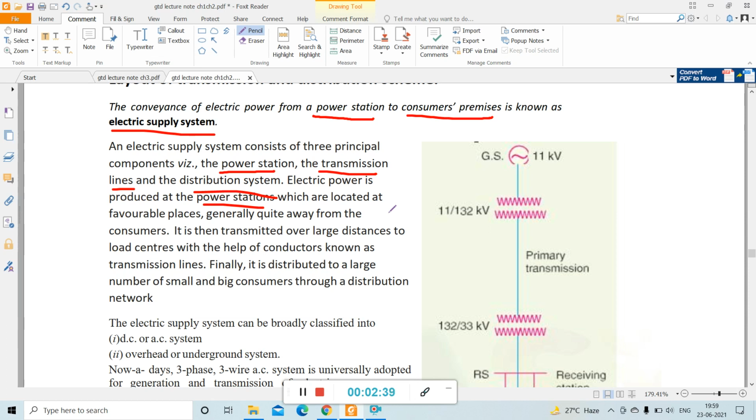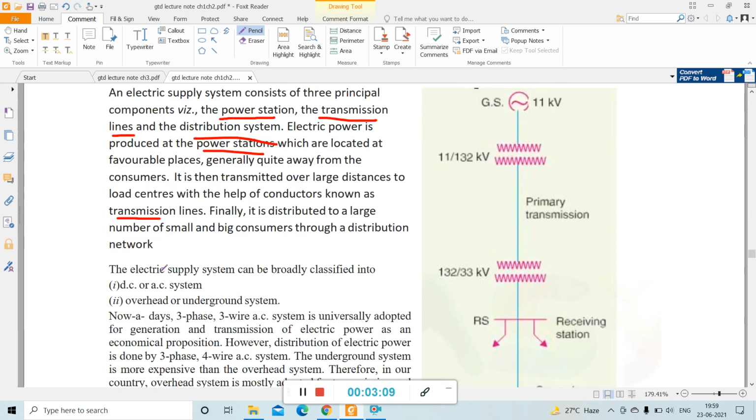So we have to transmit the electricity from the power station or generating station to the consumer premises. It is transmitted over a large distance to the load center with the help of conductors known as transmission lines, and finally it is distributed to a large number of small and big consumers through the distribution network.